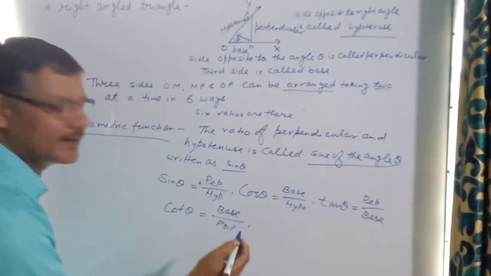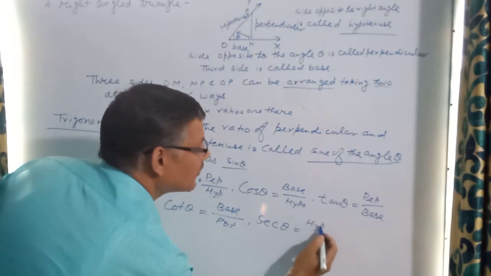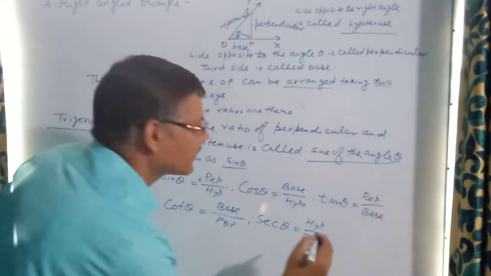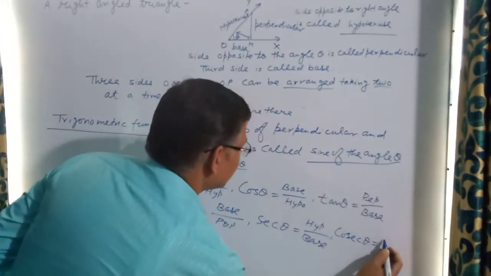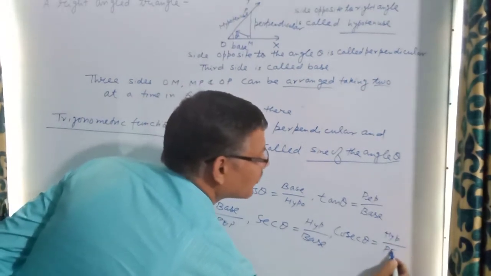Next one is secant, written as sec theta, which is hypotenuse divided by base. Next one is cosecant, written as cosec theta, which is equal to hypotenuse by perpendicular.